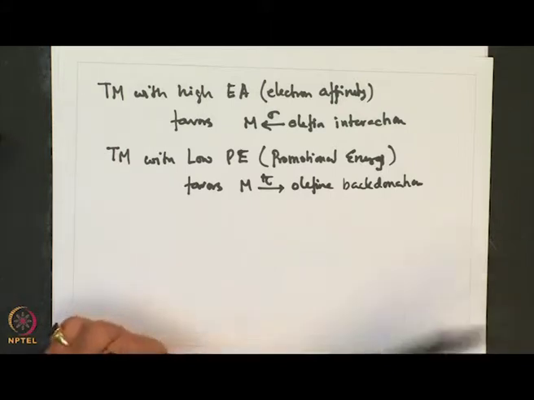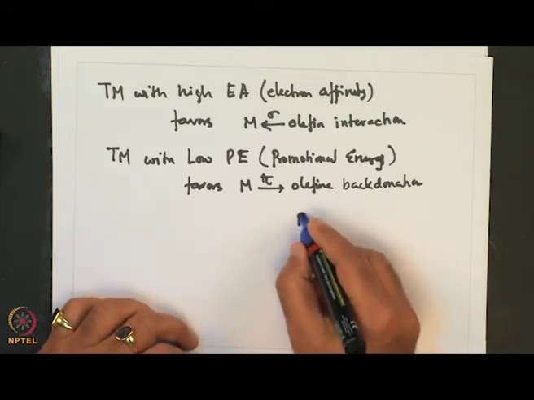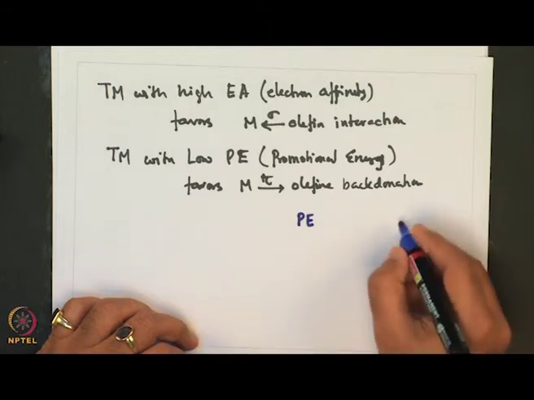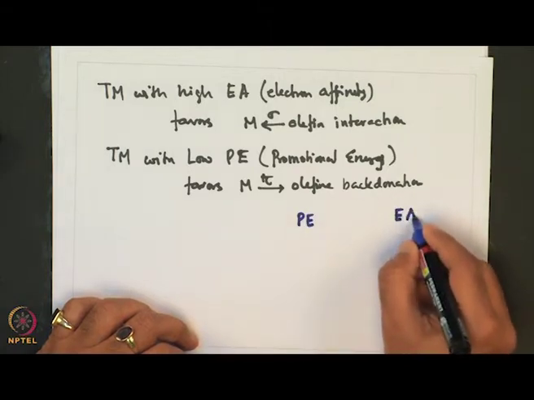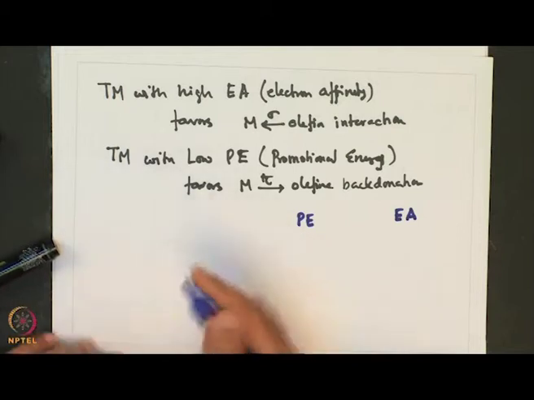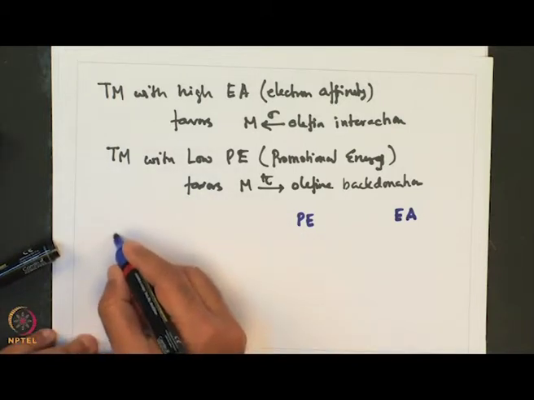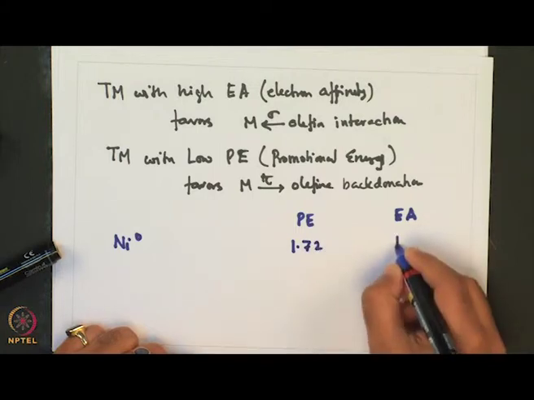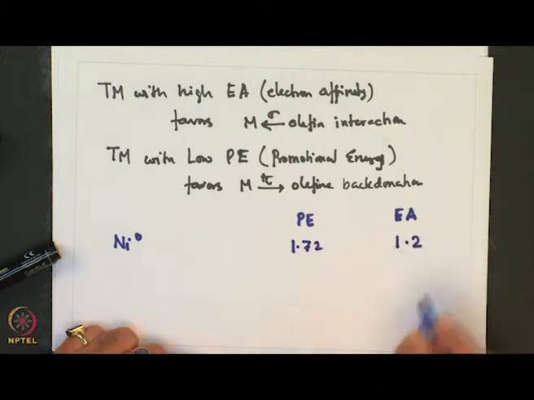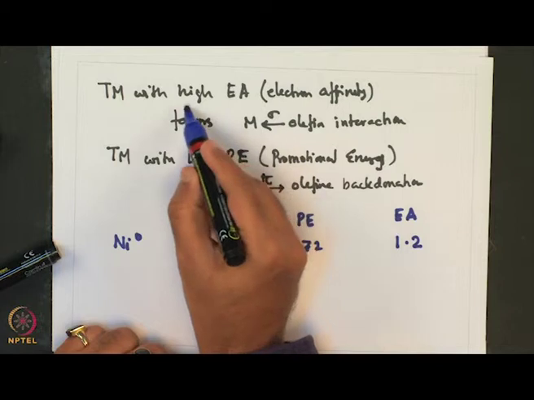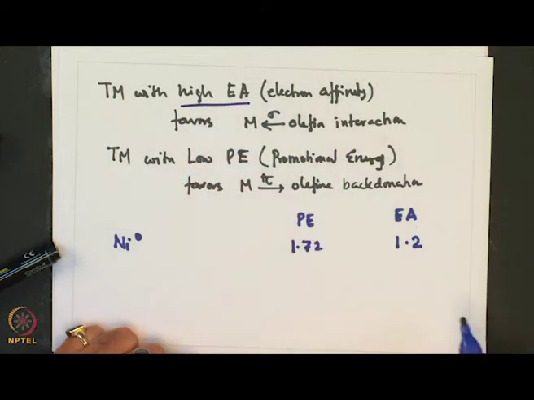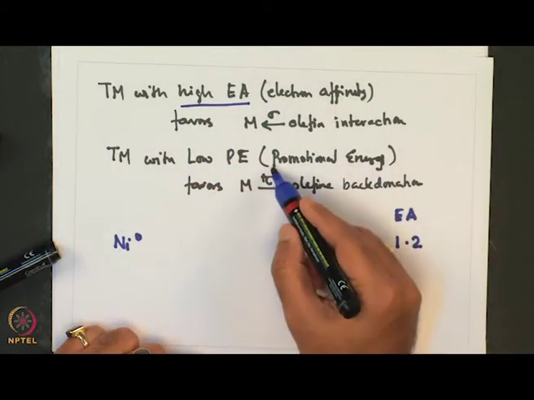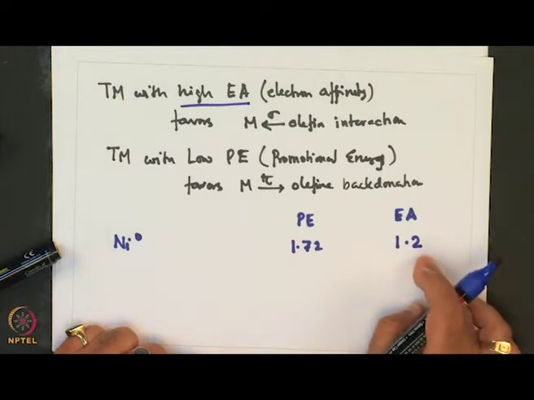For example, let us take a look at some of the values. These are promotional energy and electron affinity. Let us say for nickel 0, the promotional energy is 1.72 and the electron affinity is 1.2. Now, it says high electron affinity favors forward sigma donation, but the electron affinity is very low.